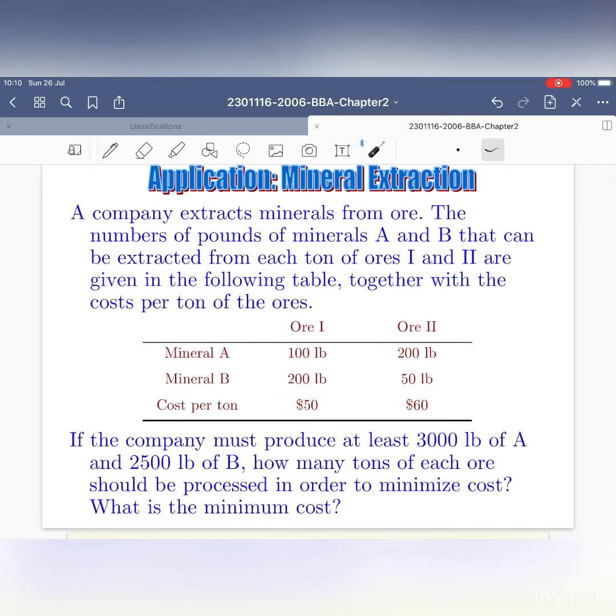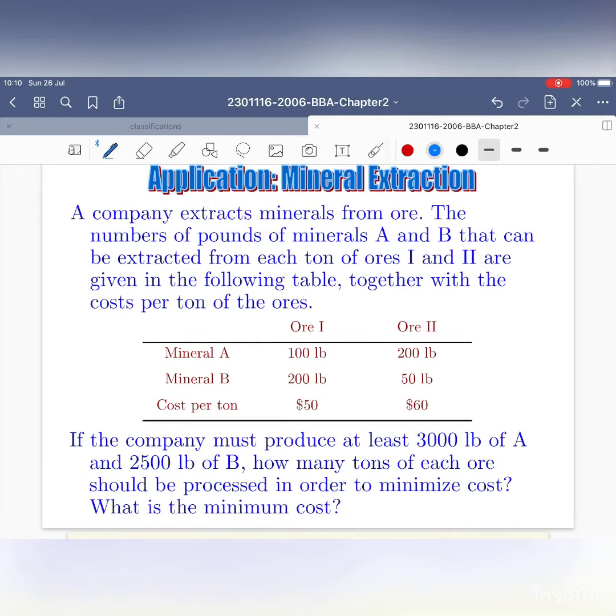The company must produce at least 3,000 pounds of mineral A and 2,500 pounds of mineral B. How many tons of each ore should be processed in order to minimize the cost? And what will be your minimum cost?